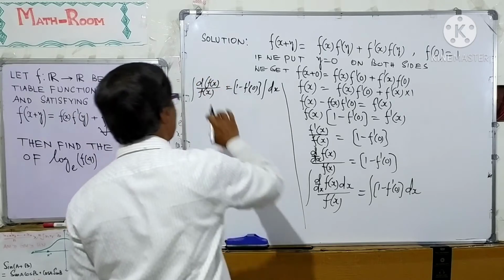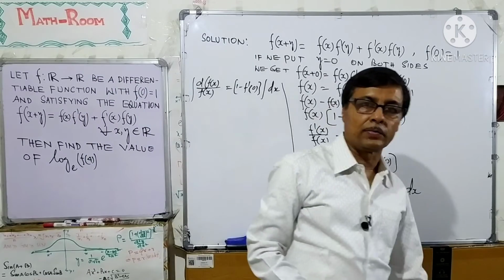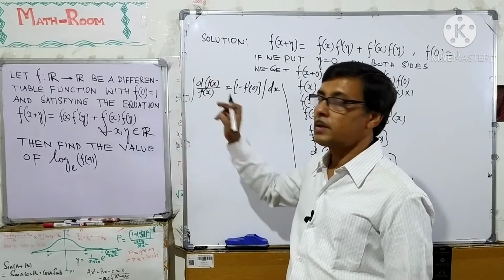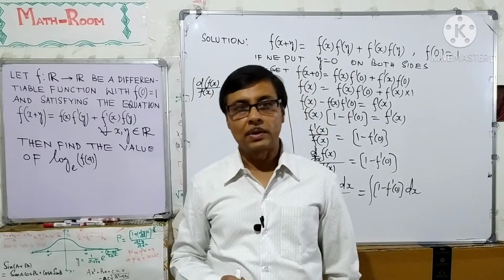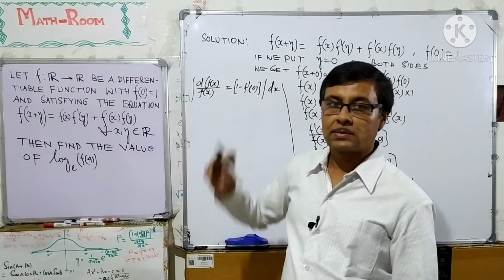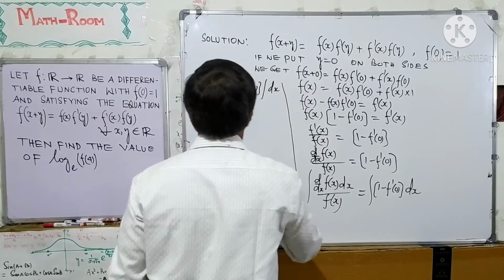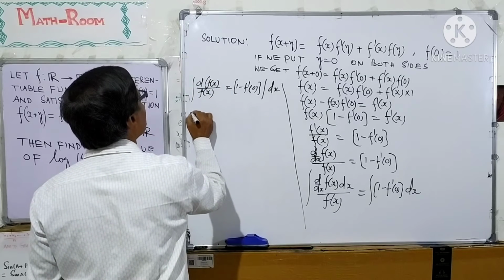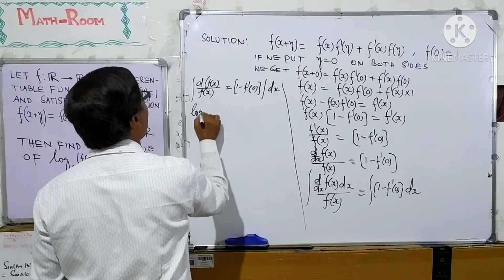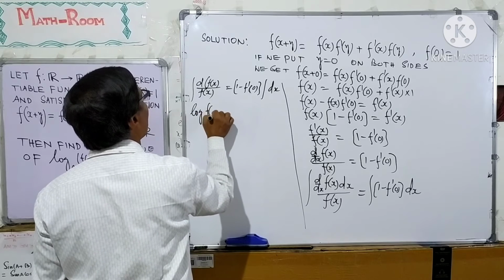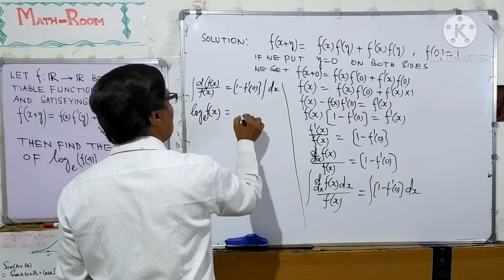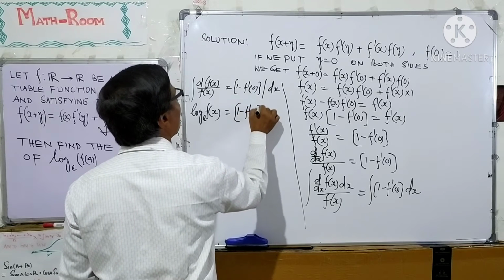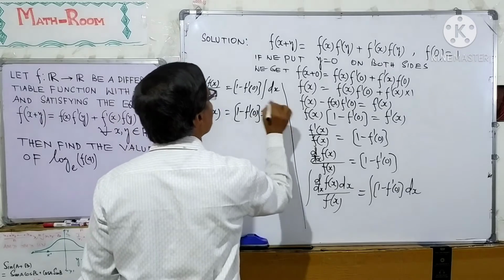If we integrate d of f(x) over f(x), that is dx over x, and the integration of dx over x is natural logarithm x, here x is f(x). So, we get natural logarithm f(x) equal to 1 minus f'(0) x plus c.